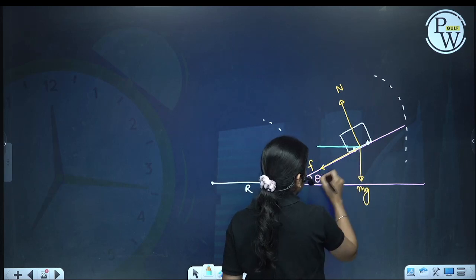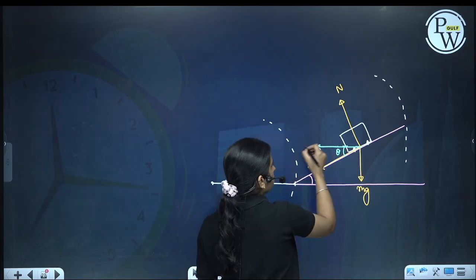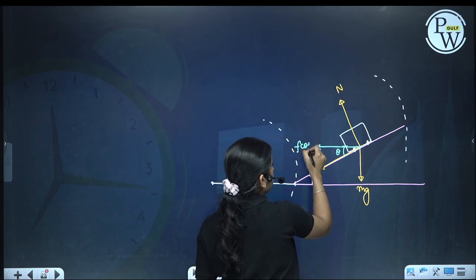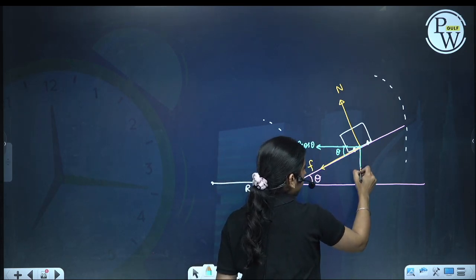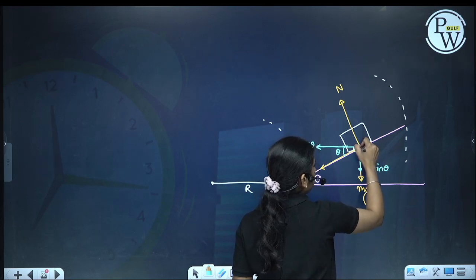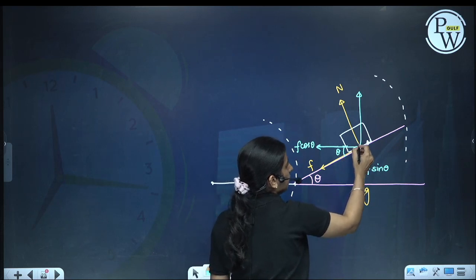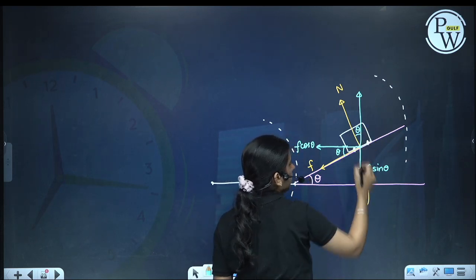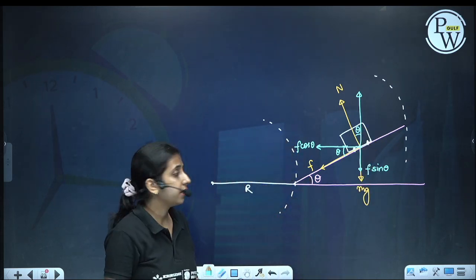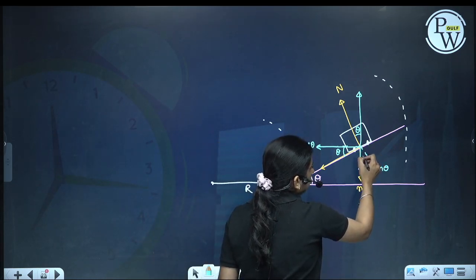Now if this angle is theta, this angle will also be theta. Resolve. We have f cos theta in this direction and f sin theta in this direction. Yes or no? This angle is theta, so this angle will also be theta.